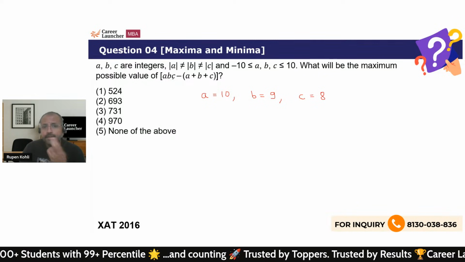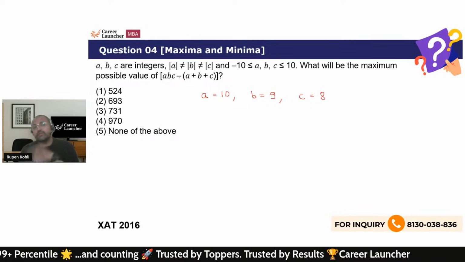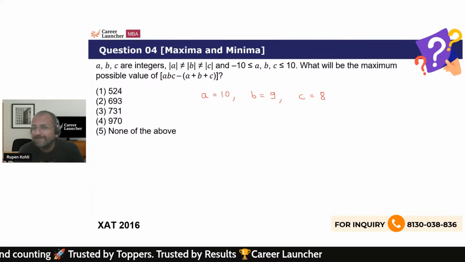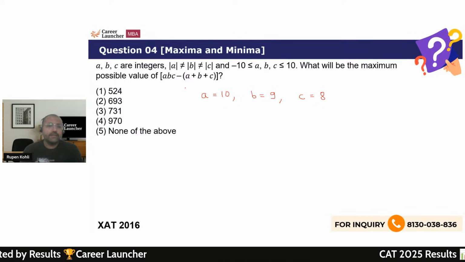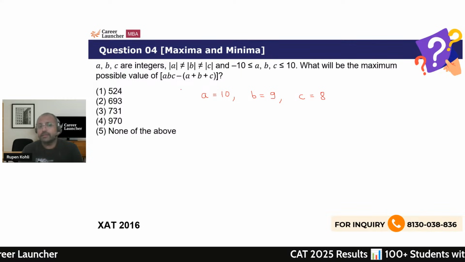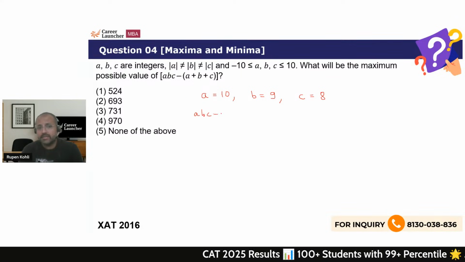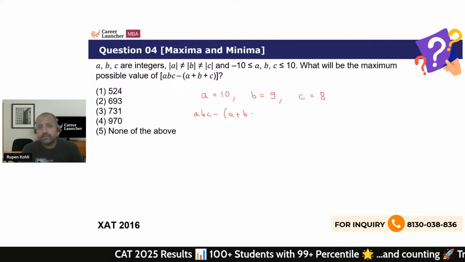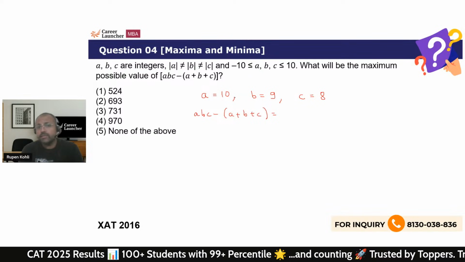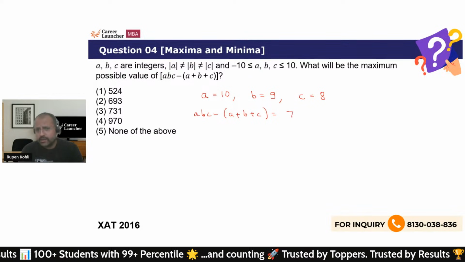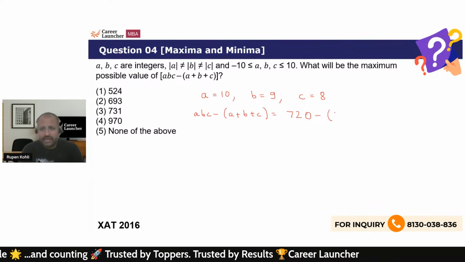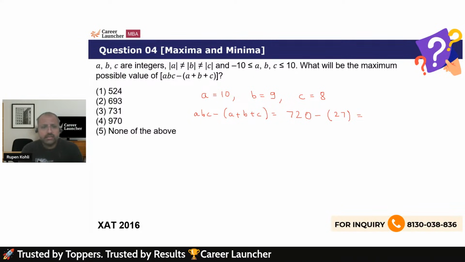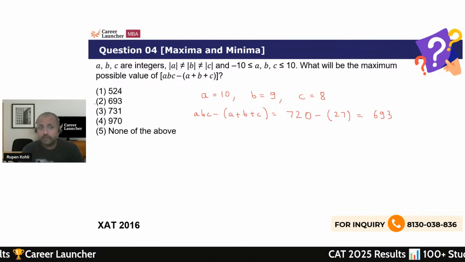But you also have to subtract A plus B plus C, right? So that's not a good job. In fact, with this choice, if you calculate the expression, A into B into C becomes 10 into 9 into 8, which is 720, minus (10 plus 9 plus 8), which is 27, and that is 693. Now that is one of the options.